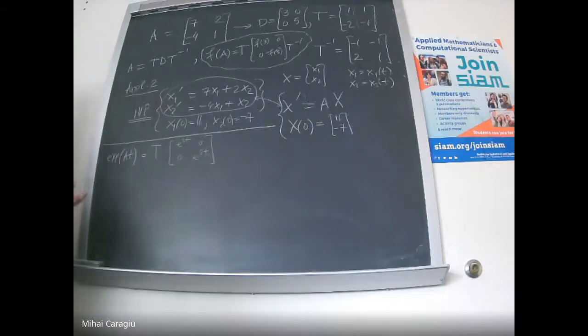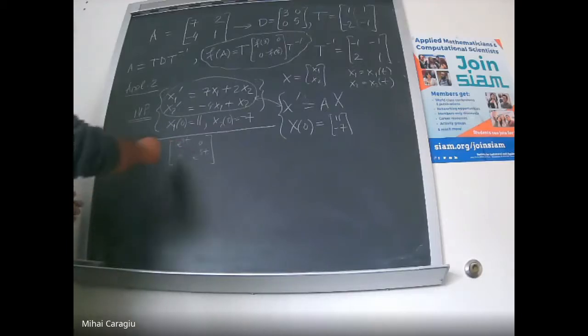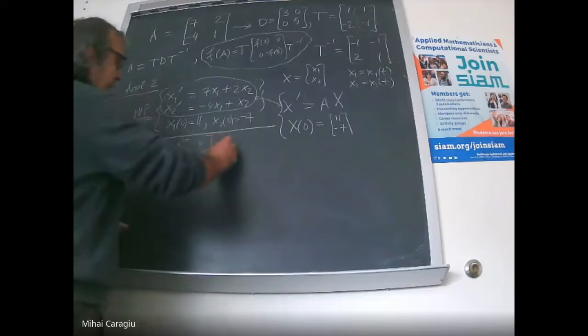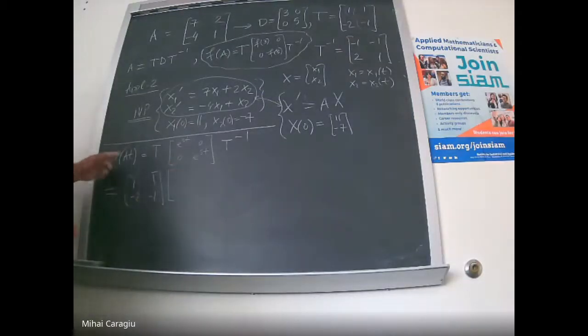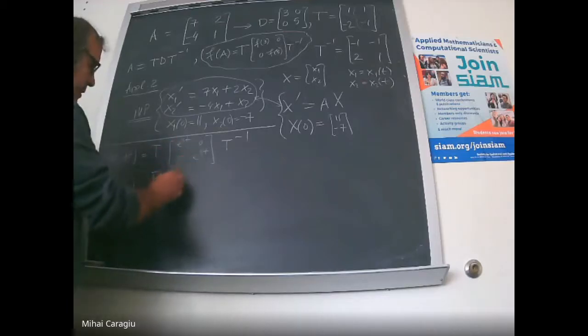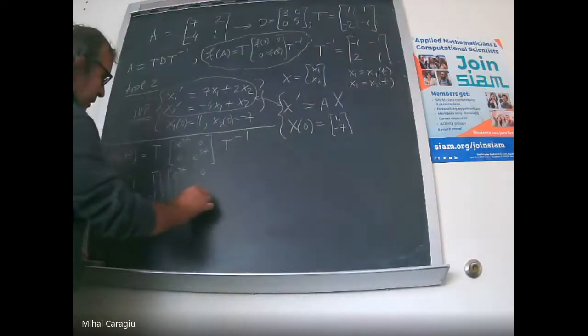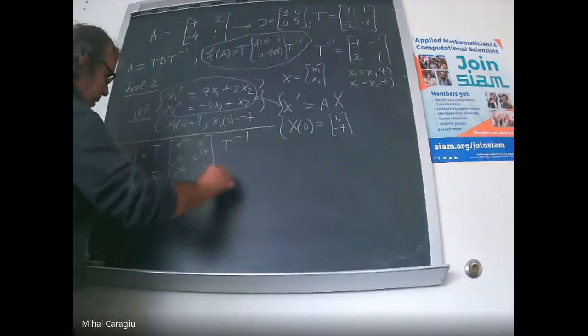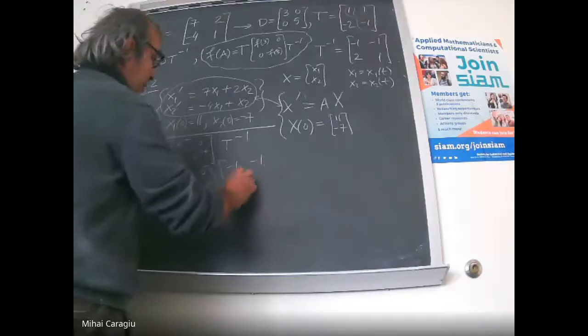So the exponential of each element times t is applied to every diagonal element: exponential of 3t, exponential of 5t on the diagonal, times t inverse. And this will be t, 1 1 minus 2 minus 1. This is the diagonalizing matrix t. The exponential of dt is e to the power 3t, 0, 0, e to the power 5t, times t inverse. We got it from there: minus 1 2 1.